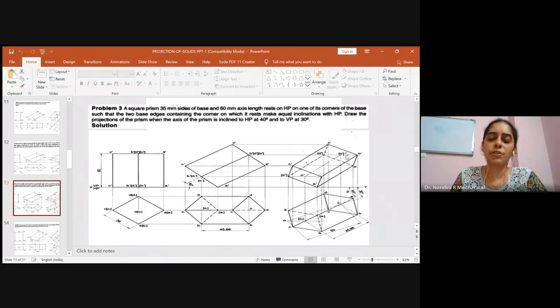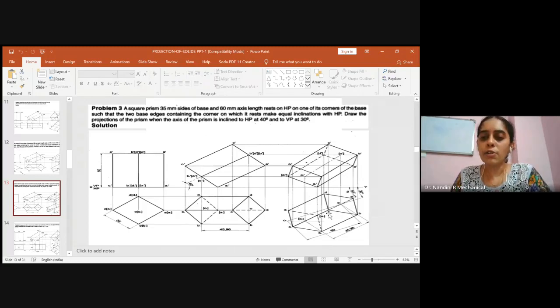Similarly, we take the projection from the top surface. So locus of A is meeting A dash at this point. So this is our A dash. Locus of B is meeting B dash at this point. So this is our B dash. If you have 3 points together, the projection of all the 3 points should come along the same line. Then only you have taken the projection properly. Okay.